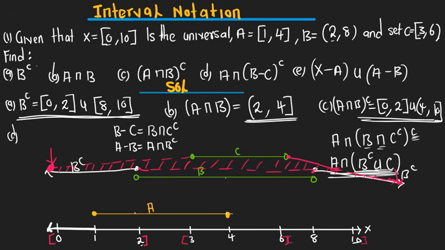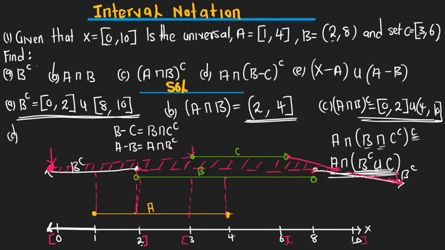It's intersecting with A at this point, and also at this point. Then from there, another point of conjoinment is here, and also here.